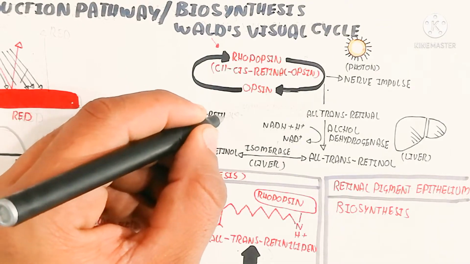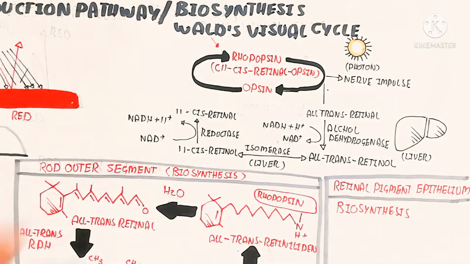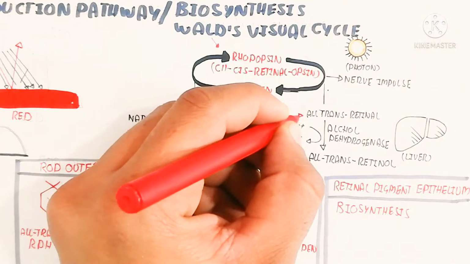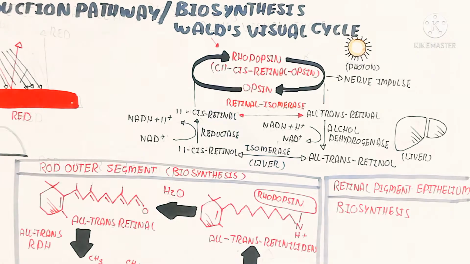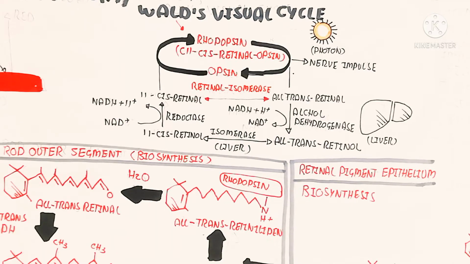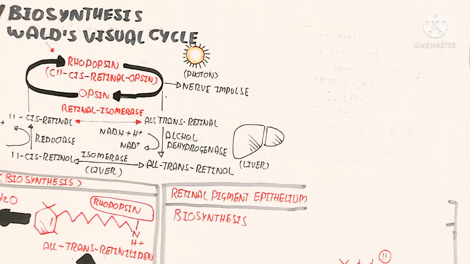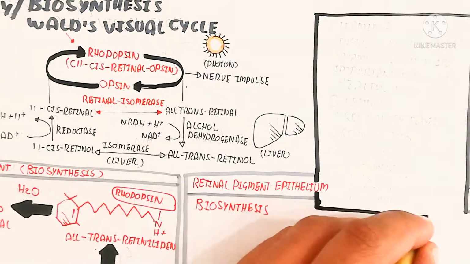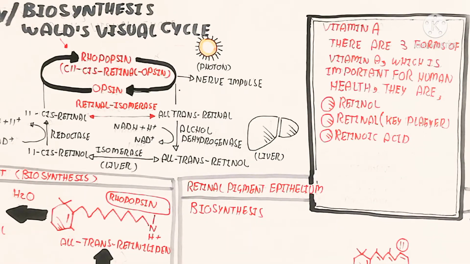An isomerase enzyme is used in the liver for the production of again 11-cis retinol, which is the active form of vitamin A used for light absorption through rhodopsin. NAD plus will be reduced into NADH, and the reductase enzyme is used to produce the 11-cis retinal, and retinal isomerase enzyme is used to convert trans retinal and cis retinal. So this is the cycle of the Wald's visual cycle.